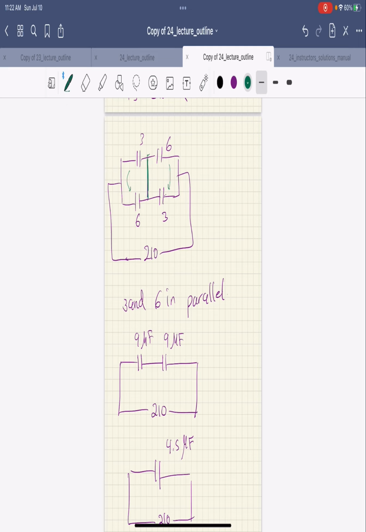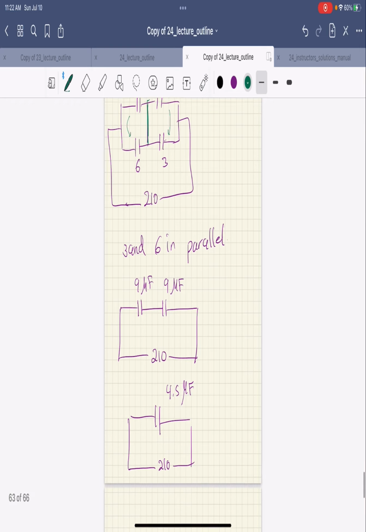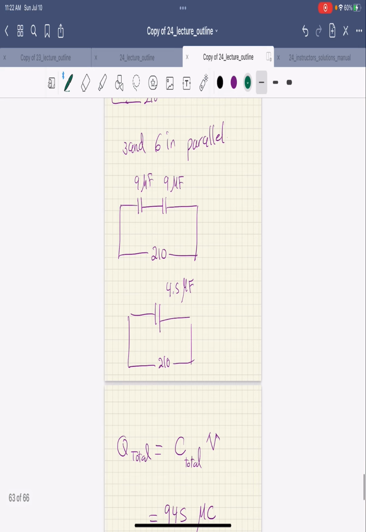And then I will redraw this. Then I'm going to have 9 and 9 connected in series. And then I can say here 1 over C equals 1 over 9 plus 1 over 9. Then C is going to be 4.5 microfarads.